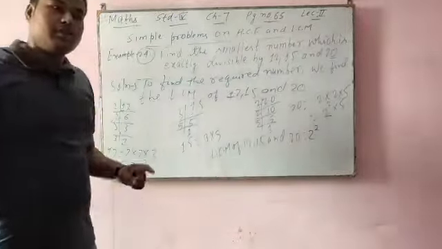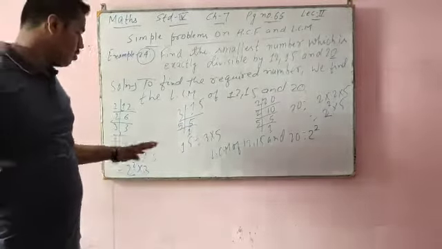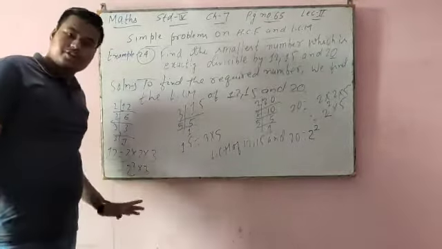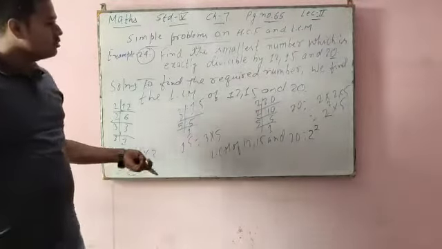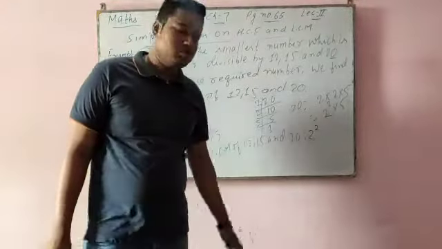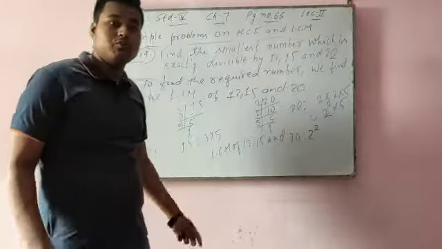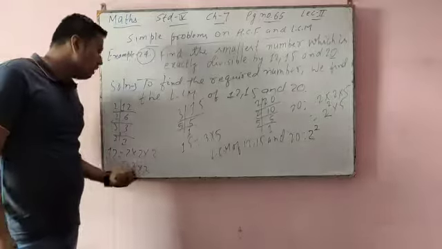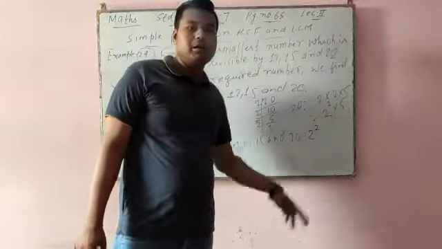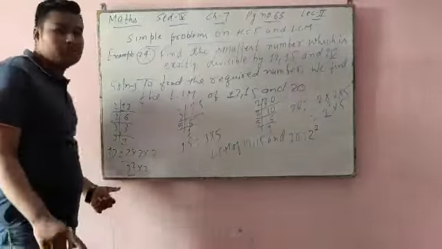In LCM, whenever you find a common number, you take the one whose power is more. Here its power is 2 and here its power is also 2. So that's why I have taken 2 to the power 2. If it were 2 to the power 3 and 2 to the power 2, then I would take 2 to the power 3.